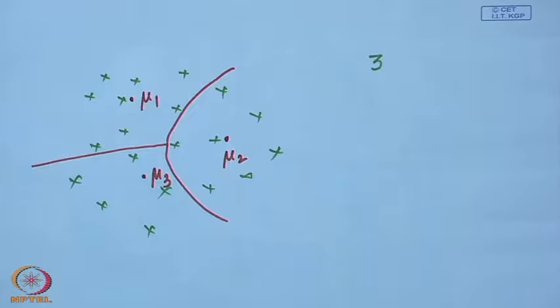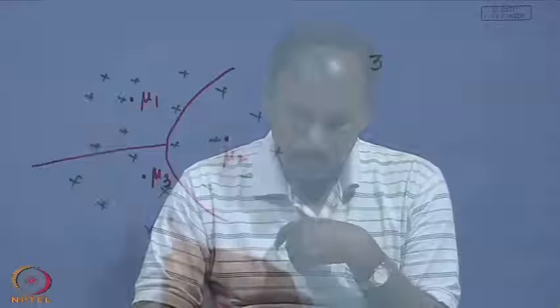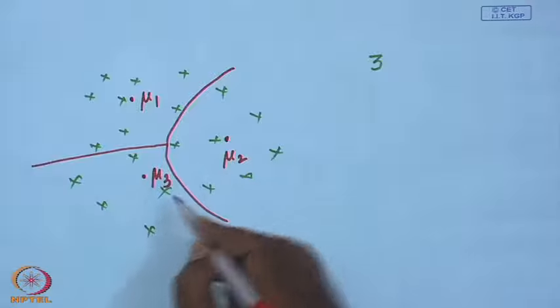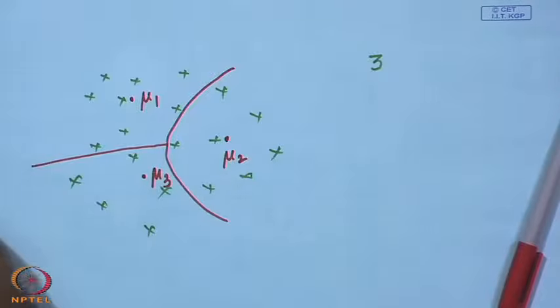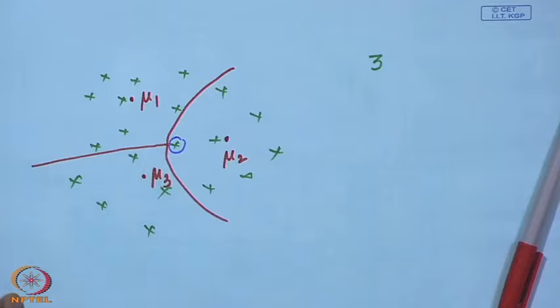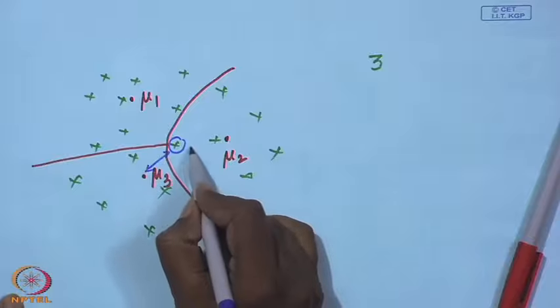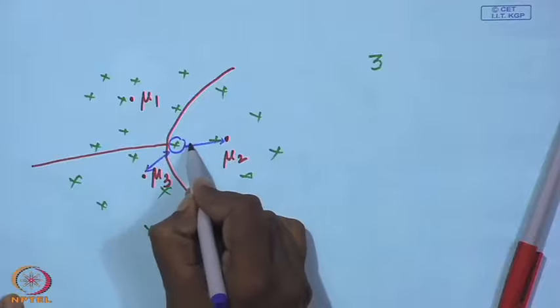Now, once I form these cluster centers, in the next iteration, for each of the samples I find out which cluster center is nearest to that particular sample. So, here it may be possible that this particular sample's distance from mu 3 is less than its distance from mu 2.